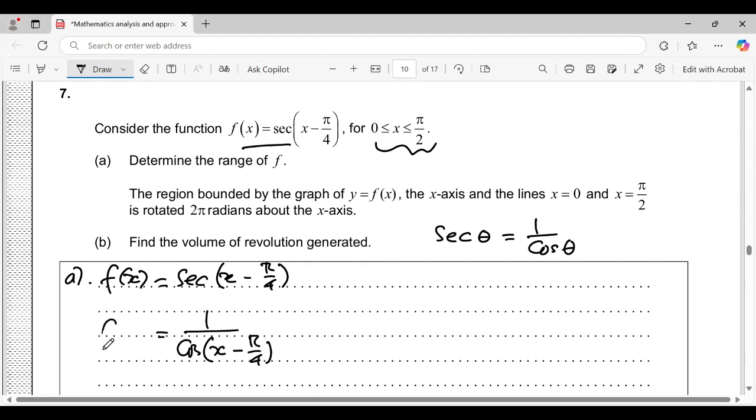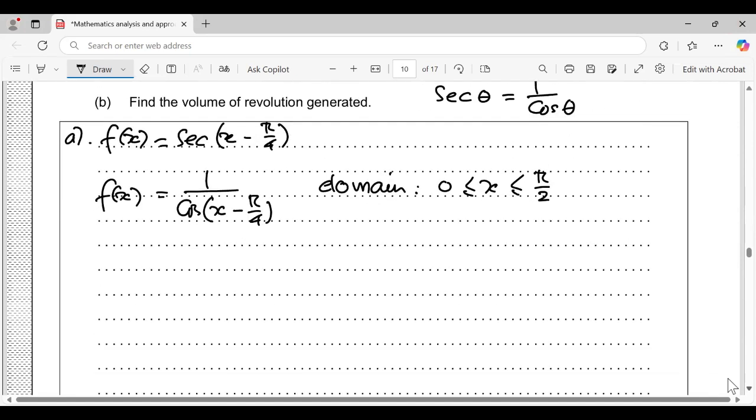This is f(x), and the domain is x from 0 to pi half. Based on the domain, we are going to find the value of the denominator, cosine of x minus pi quarter.